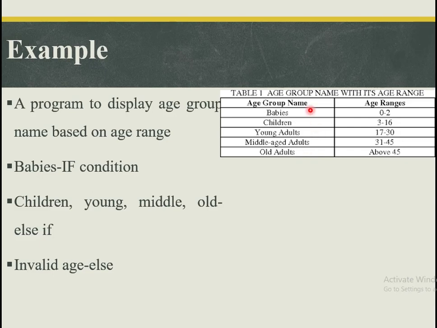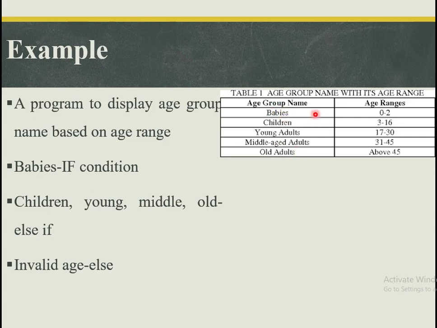So to implement such kind of a program, the if statement cannot work. The if else statement cannot work. The only thing that can help us is the else if statement. So the first one will be taken care of by the if. The second one, the third one, the fourth one, and the fifth one will be taken care of by the else if.